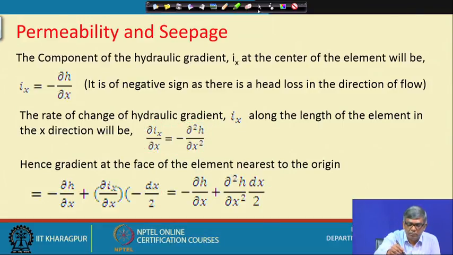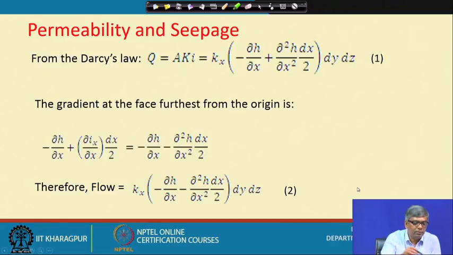Now, similarly, I can find the flow from Darcy's law, Q equal to A k i. When the flow is taking place in the x direction, the cross section is in y and z, so dy into dz is the area, k is there, and this is i.